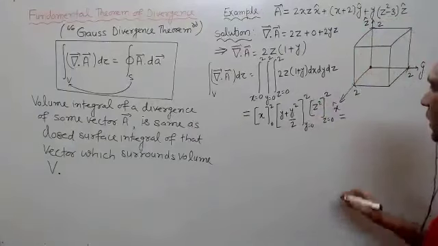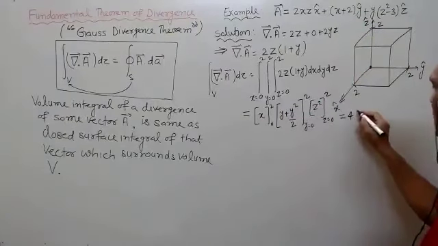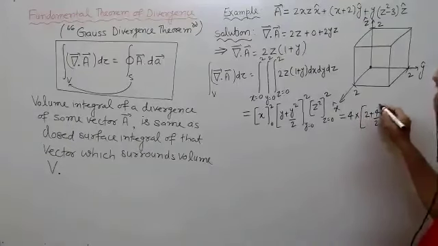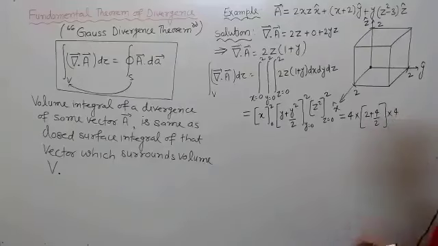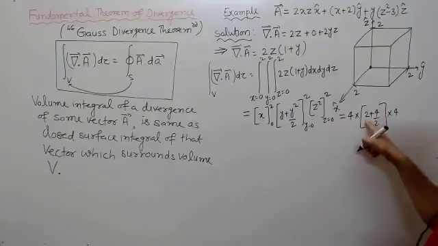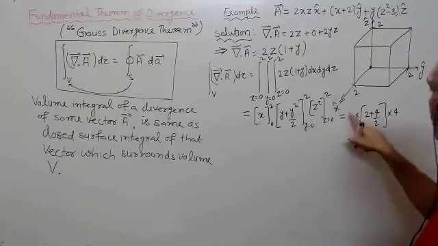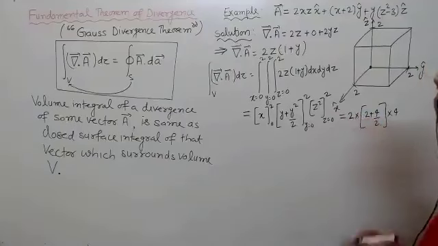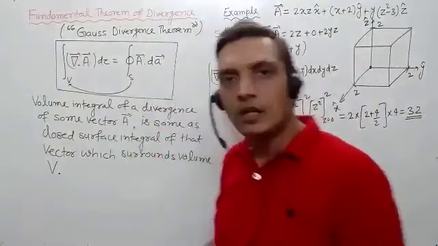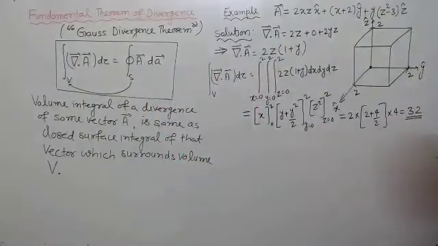So this value will be 4, then 2 plus 4 by 2, and then you have 4. So 32. So left hand side, volume integral of divergence of A, will give you 32.